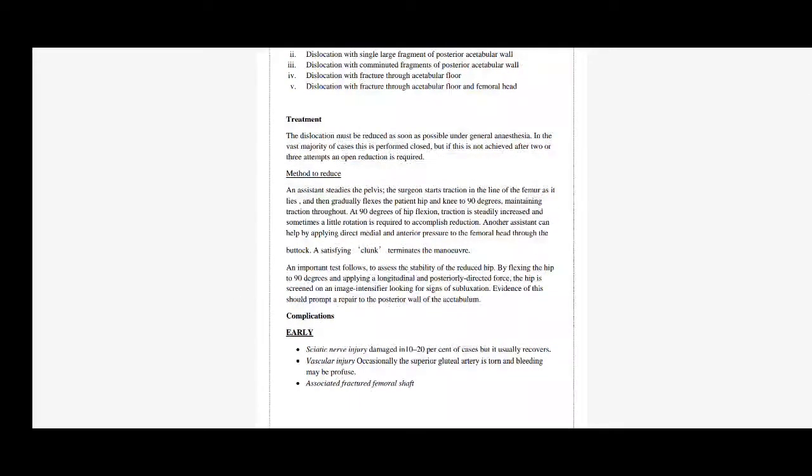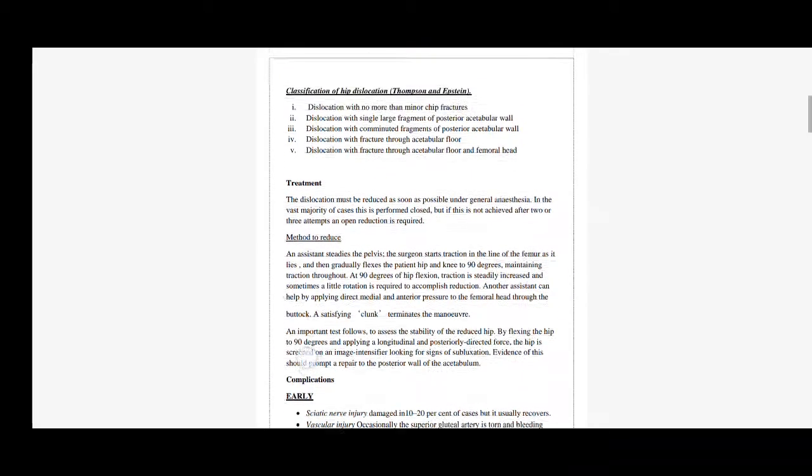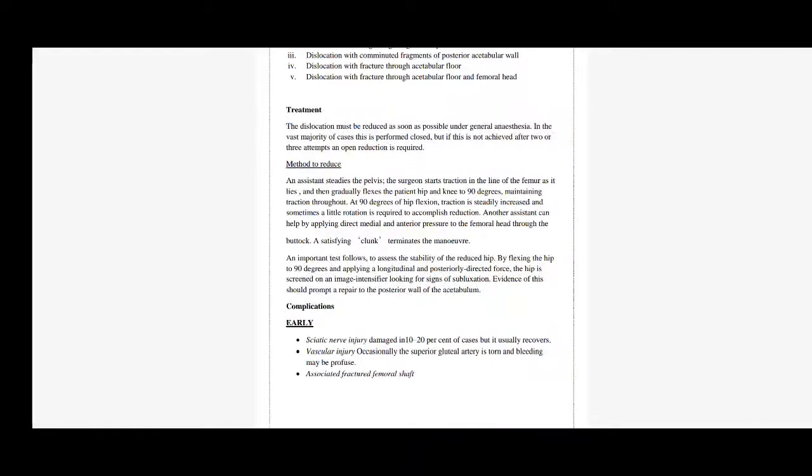The method of reduction is very important and should be explained in detail. We should have 3 persons: the assistant for anesthesia, the surgical assistant, and the surgeon himself. An assistant stays at the pelvis, supporting the pelvis on each side, and the surgeon starts traction in line of the femur as it lies, and then gradually flexes the hip and knee to 90 degrees.